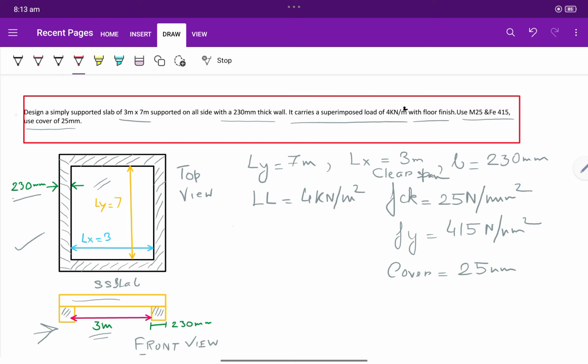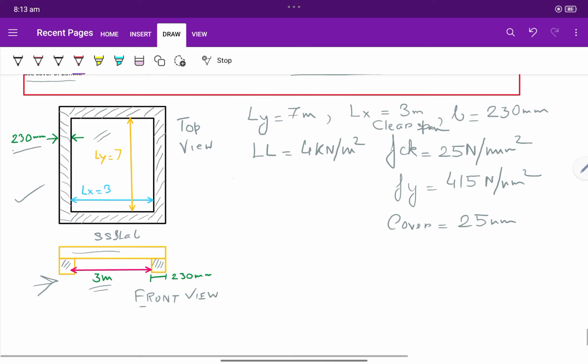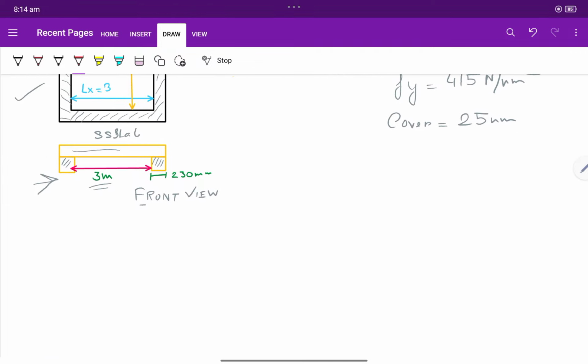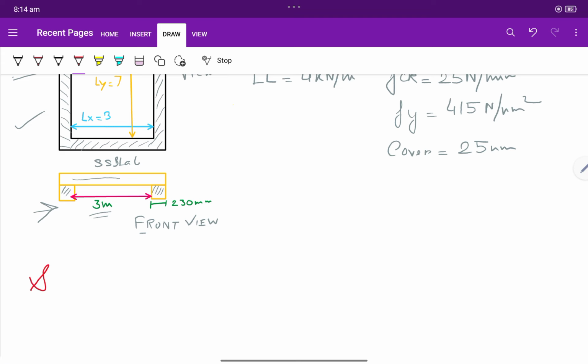Okay, so we are starting the numerical. So what is the first step? Mainly it's a one-way slab, but we will check it once. So step 1 will be type of slab. We will check which type of slab it is.